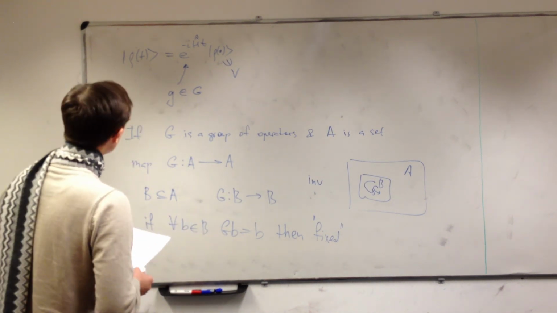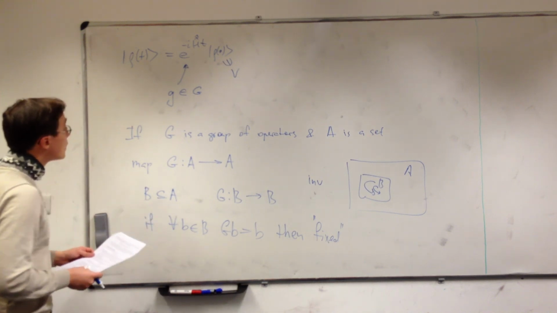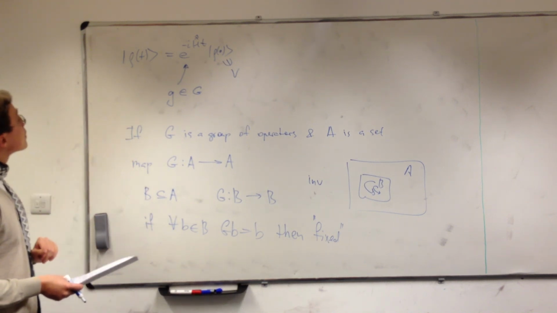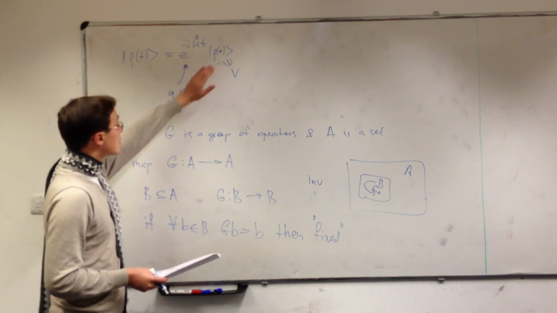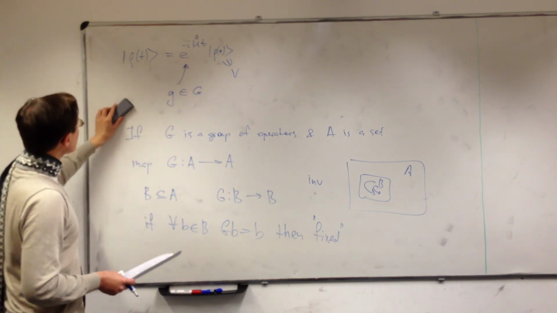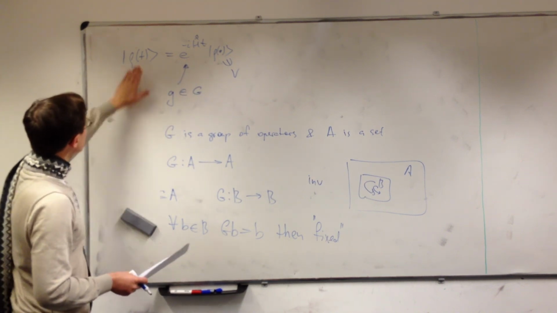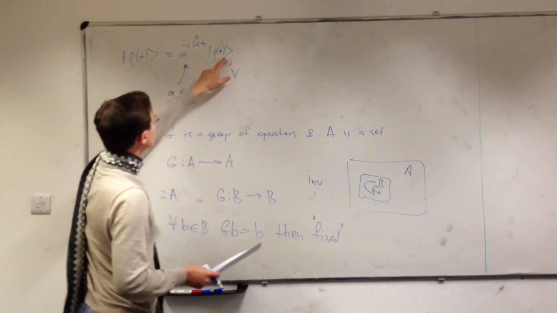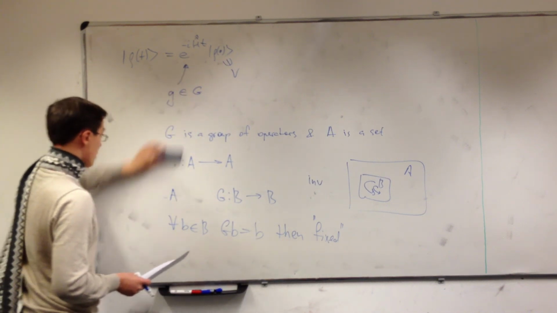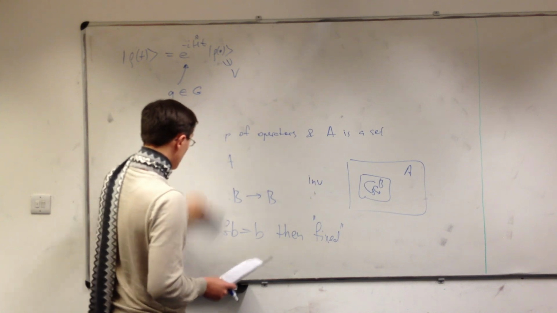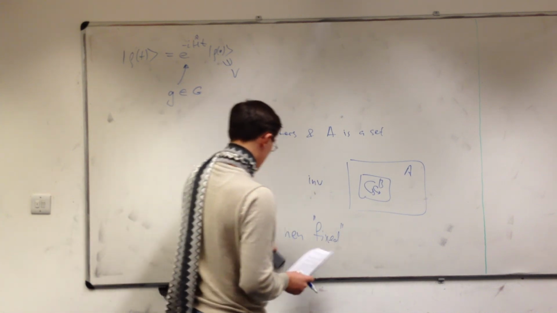Now, let's define an orbit. So we've defined an action, and so now we understand what this is. The set of all such vectors into which the initial state is taken under the action of the group is known as the group orbit of that state.